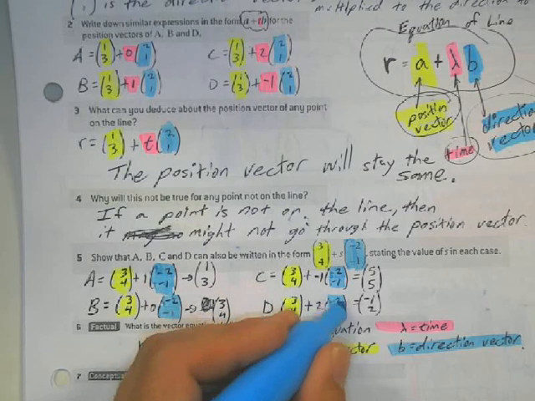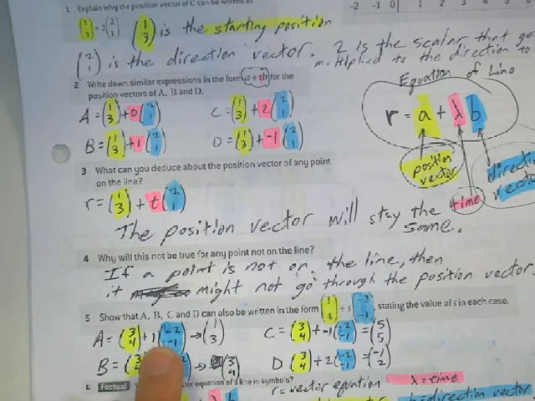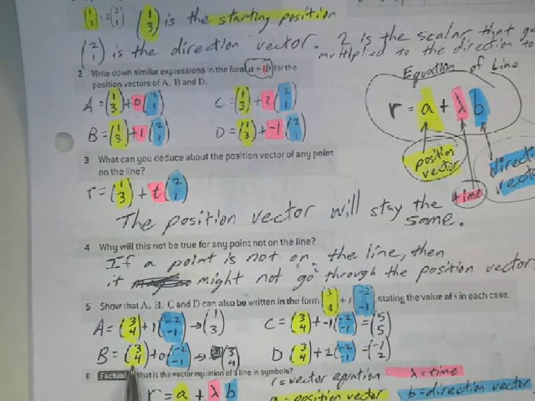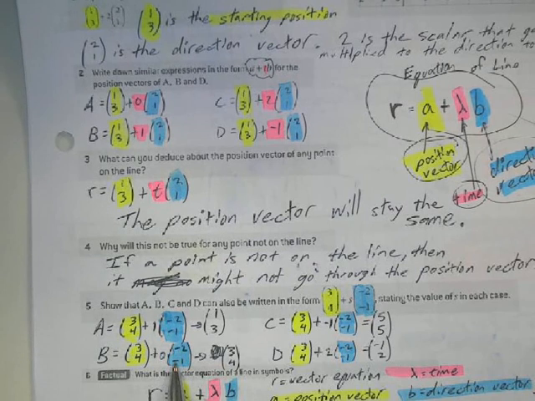The other one here was (2, 1), now we're at (-2, -1). So it's parallel, it's just going the opposite direction. So because this point is on the line still, and this direction vector is parallel, we can use this equation to find points A, B, C, and D also.